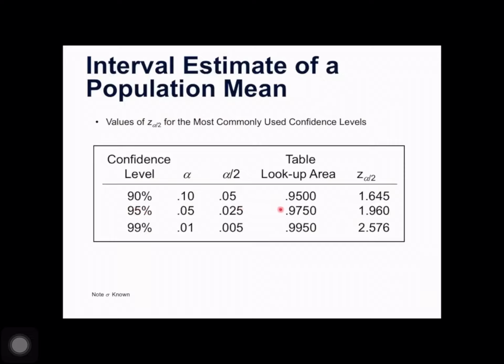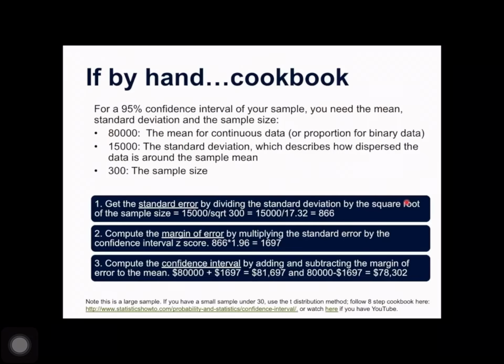And we are on what's called two-tailed. That's why we were looking at this area, and I'll explain what we can do with one-tailed in just a moment. So by hand, here's a cookbook. I've just plugged the data in that we just used, but with a little bit less of the symbols of it. So if you wanted to use it as a cookbook, you could do it that way.